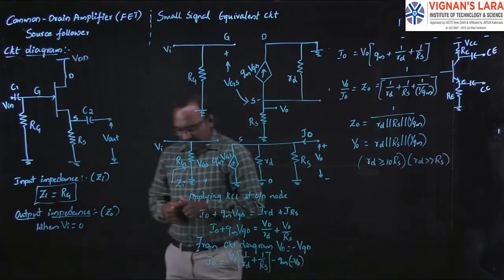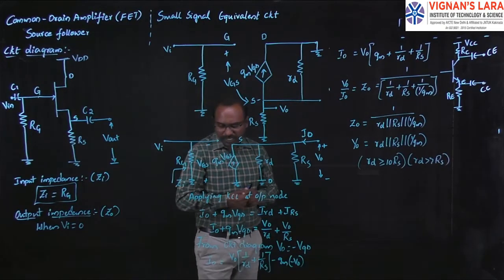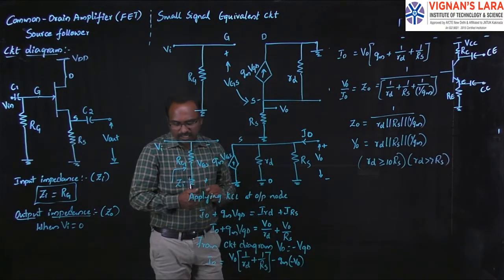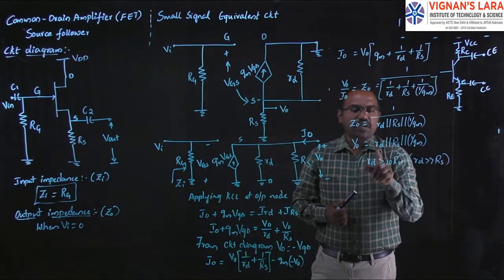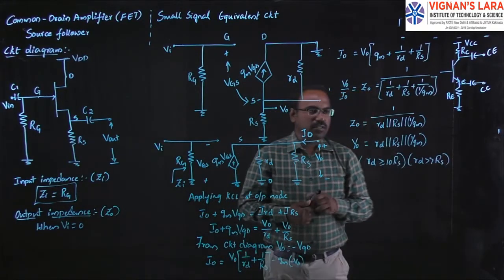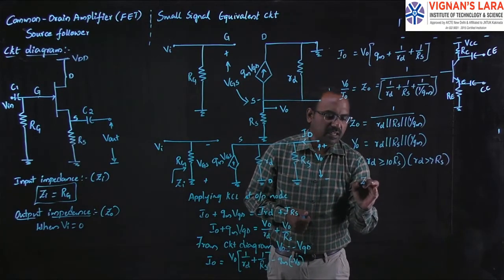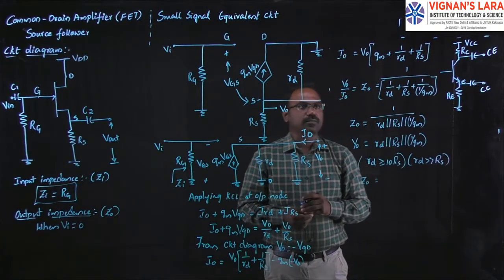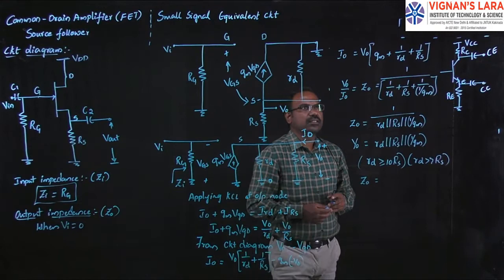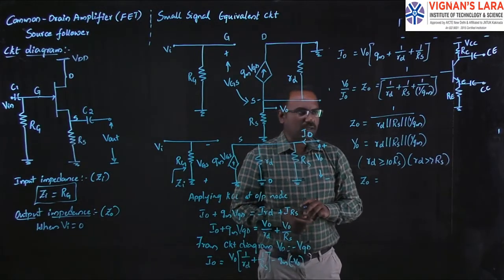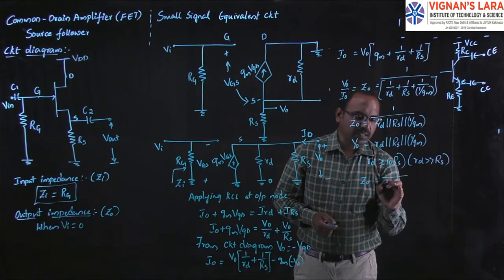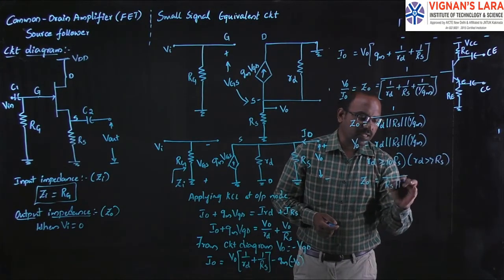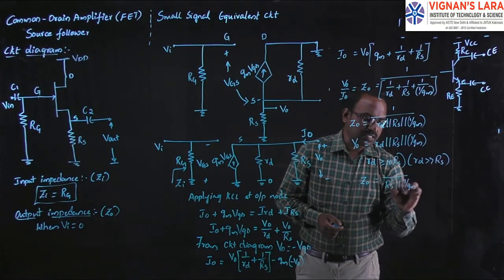That means when a smaller resistance is connected with a larger resistance, we can eliminate the larger one. So I can write Z0 is equal to RS parallel with 1 by gm.